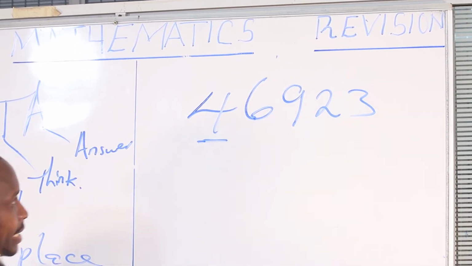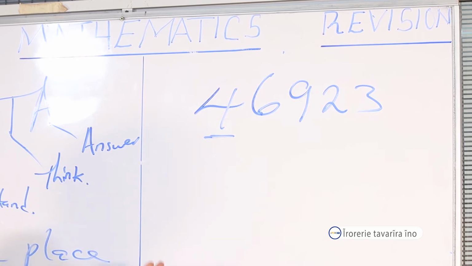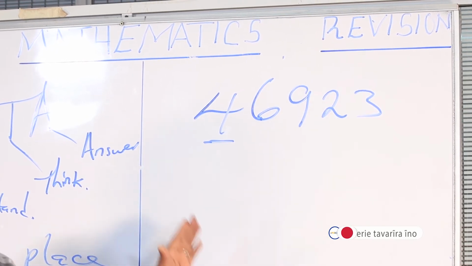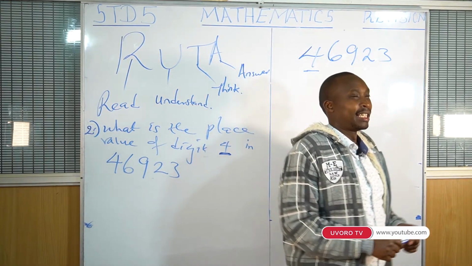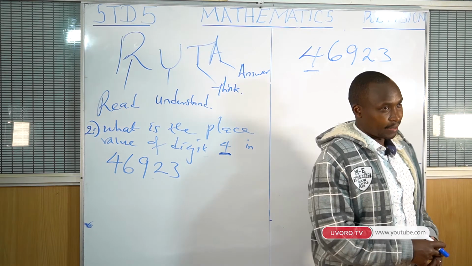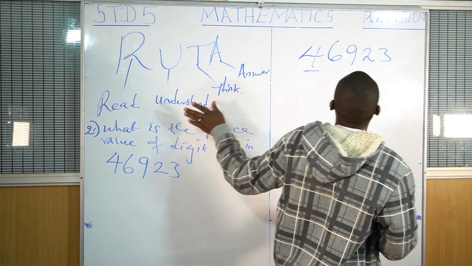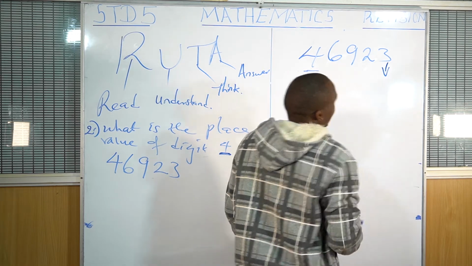Our 4 is here. Now, in class 4, you are taught how to read the place value of numbers. When do we start? Yes? Very good. That is from the right hand side to the left hand side.